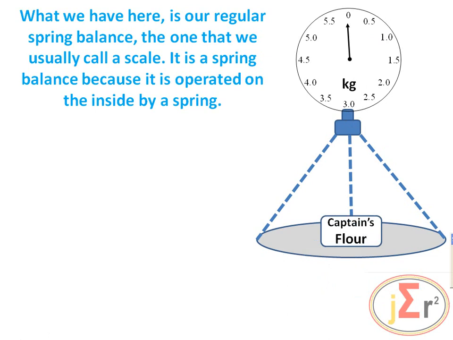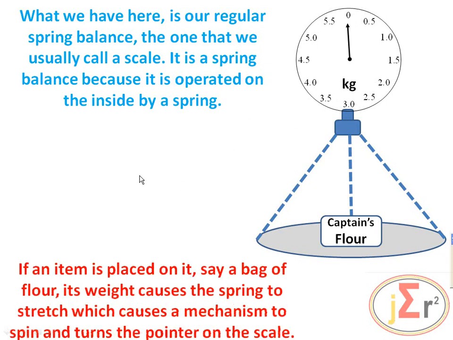So what will happen if we put captain's flour on the spring balance? And don't tell me that you put it on the scale. Where is the scale? The scale is this. Yes. The set of numbers and indicators that we have that will tell us the mass of the flour that we have there. So the scale is the numbers and marks, if we have marks there.